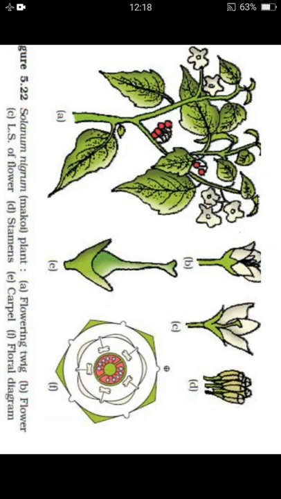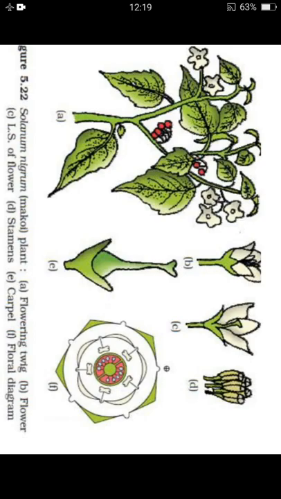Sepals are united. Next, another important point, persistent. What is meant by persistent? If they remain even after fertilization along with the fruit, it is called persistency. That phenomenon is called persistency. Such sepals are called persistent sepals.